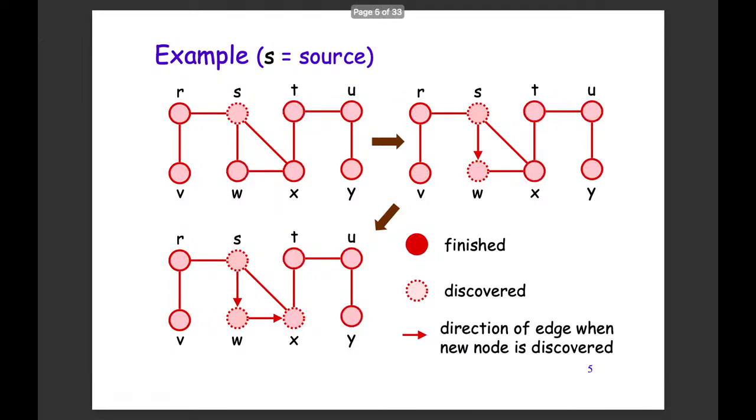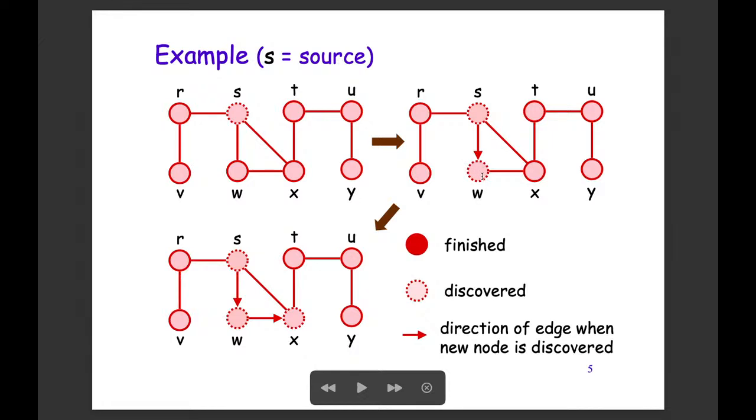But in the undirected case, let's say this edge. This edge will be seen when we are running DFS on S, and then later we move to W and run DFS on W. From S to W, we will see that this edge is discovered, representing how S is discovering W. But when we are at W, we will look at this edge again, and we will see that this edge has already been used, so we will just forget it.